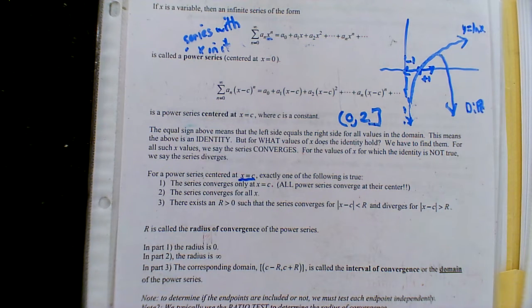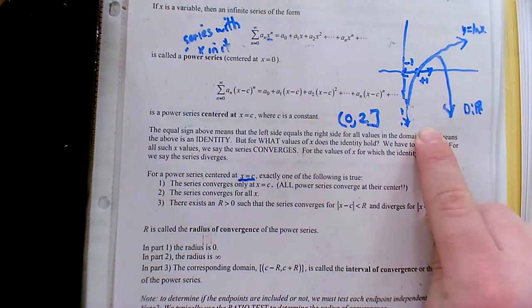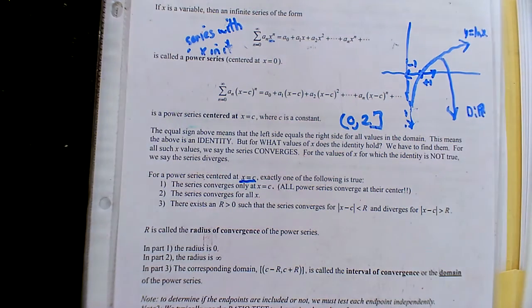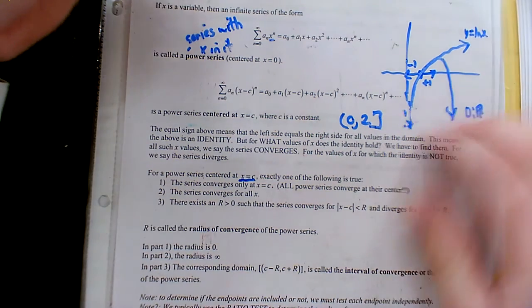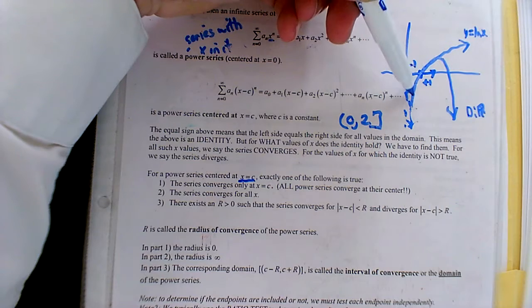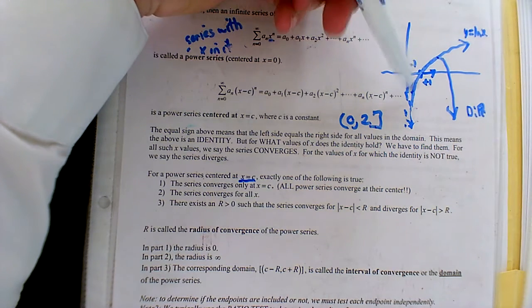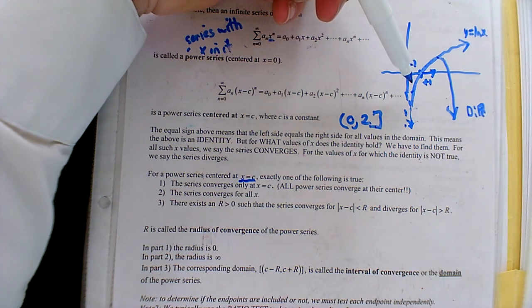Yes, sir? So that graph you drew, that's just an example problem. You're not saying that these power series are going to follow ln of x? Yeah, in this example, this function isn't following ln of x for all the values. We see this would be some quadratic, but what we're saying is we can represent on this interval, it would be exactly the same. It's not just an estimate.